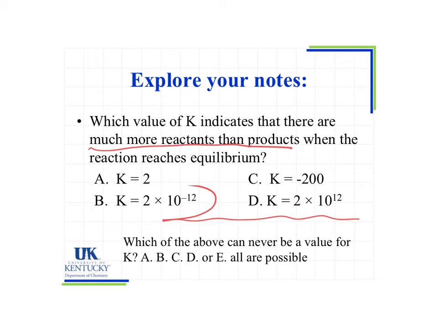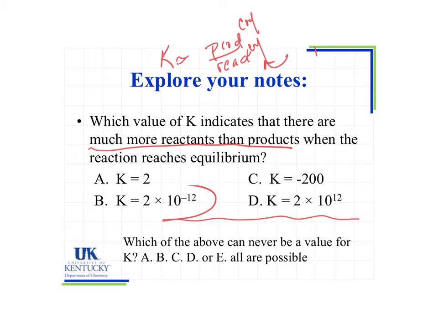Because remember, K is equal to products over reactants raised to the power of your coefficients, whatever they may be. So if this is a very, very small number, then the denominator is large, and you have a whole lot more reactants.